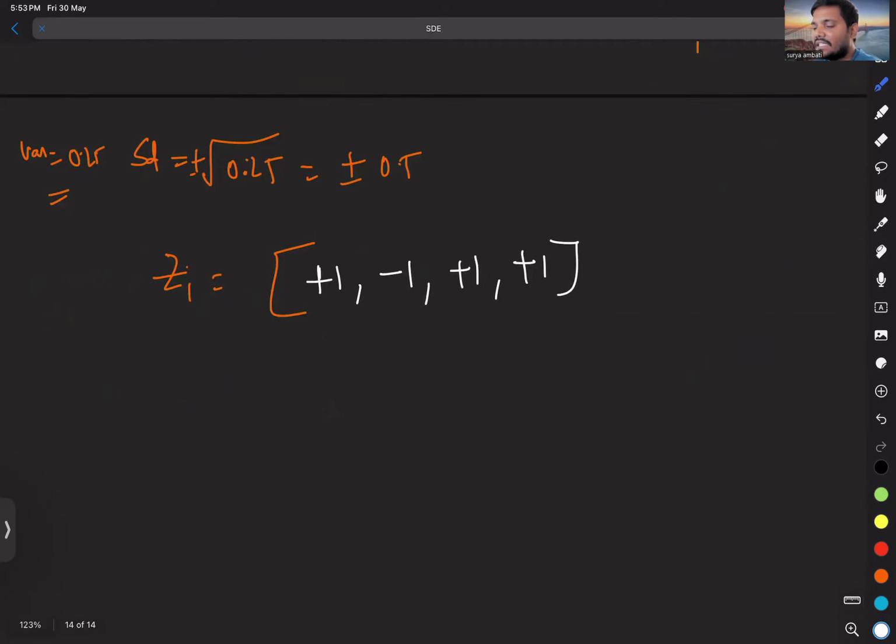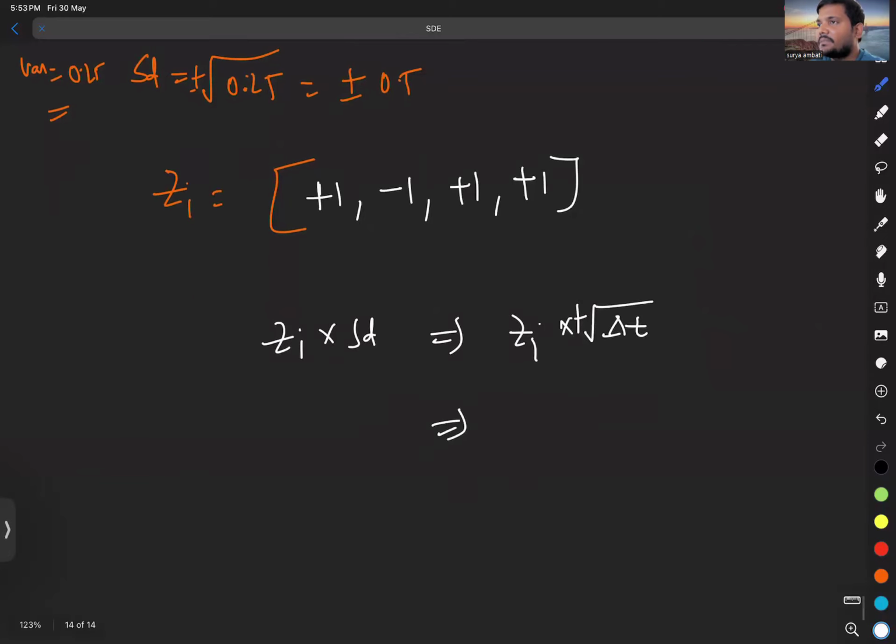The probability of taking each step is 0.5, right? Now if we want to figure out where he is located after 4 steps, we use zi times the standard deviation, in this case zi times plus or minus square root of delta t.